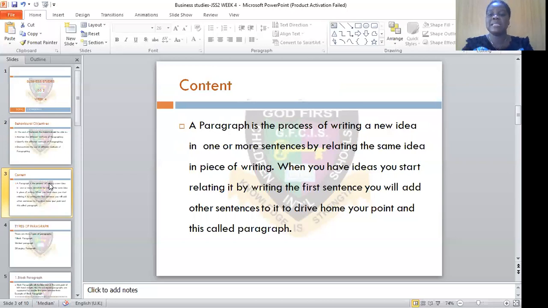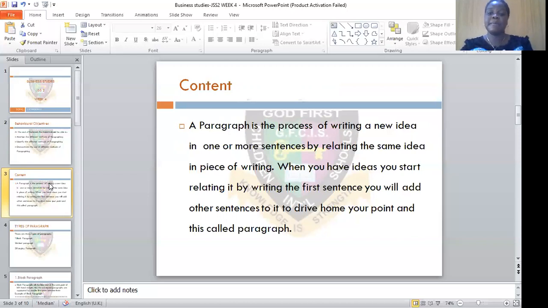That is why we said that related ideas are written down so that it will be sequential in reading, from one point to another. Not that the first point that you're supposed to write, you now go and make it the last point.